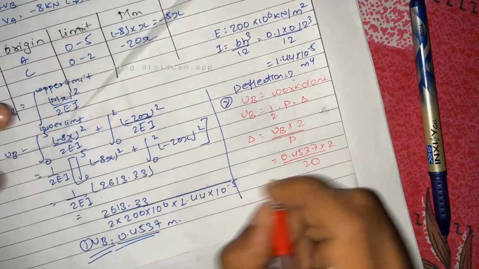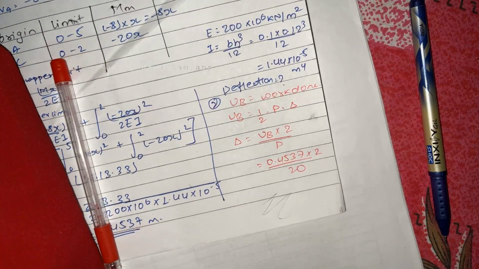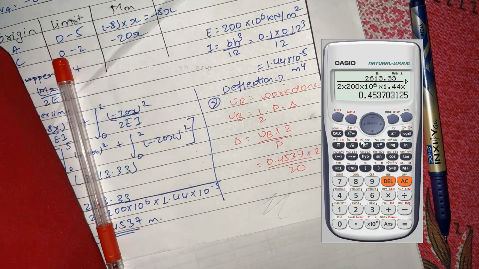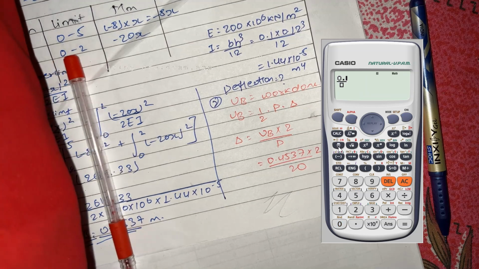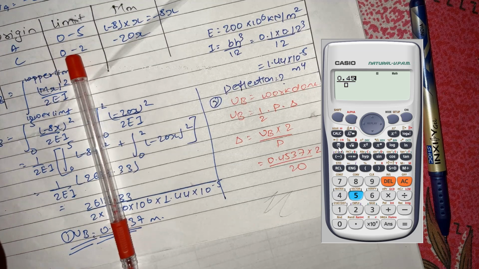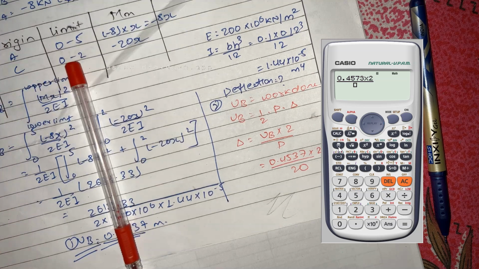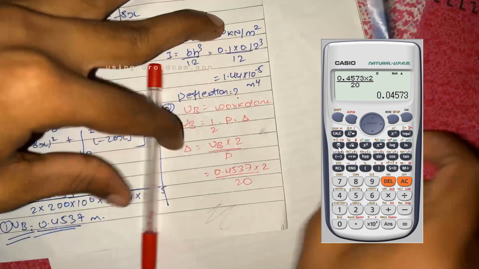If we solve it in the calculator, 0.4537 into 2 by 20, we get 0.04537, so that is the deflection.